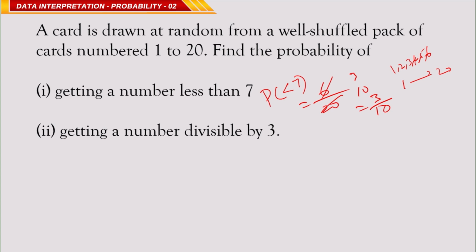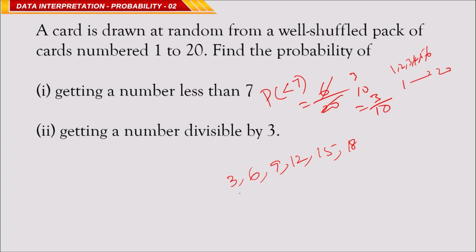Okay. Getting a number divisible by 3. How are you going to get it? Divisible by 3 from 1 to 20, what are the numbers? The numbers are 3, 6, 9, 12, 15, 18, less than 20 is given.